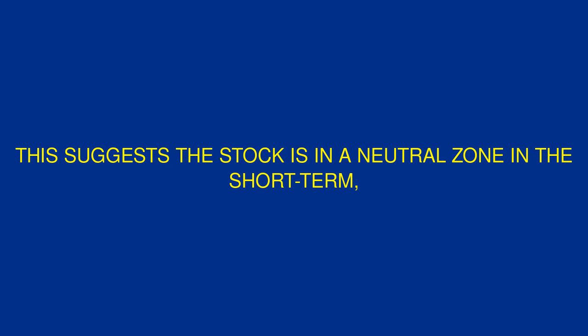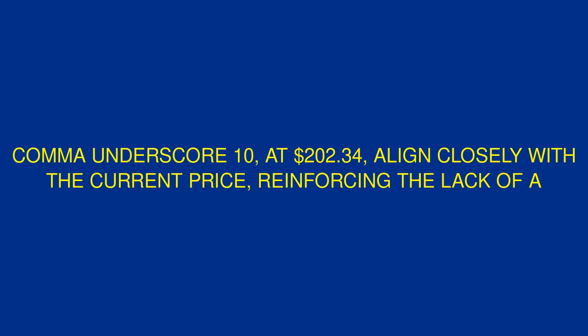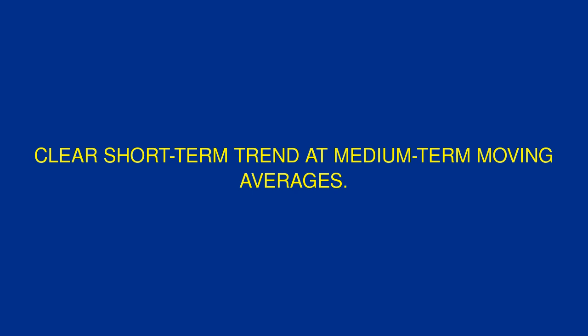This suggests the stock is in a neutral zone in the short term, with no strong momentum in either direction. The triple exponential moving average, TEMA_10, at $200.37, and the Kaufman adaptive moving average, KAMA_10, at $202.34 align closely with the current price, reinforcing the lack of a clear short-term trend.